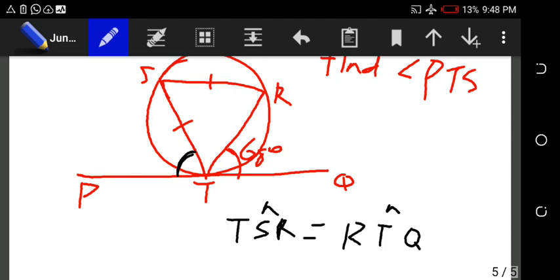So we can go ahead and note that here is also 68 degrees.